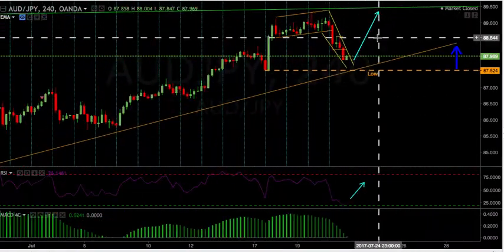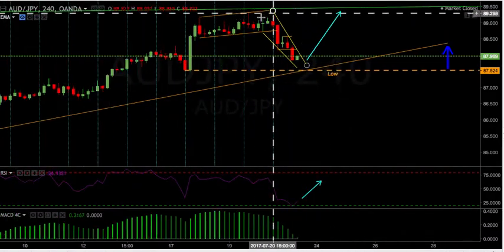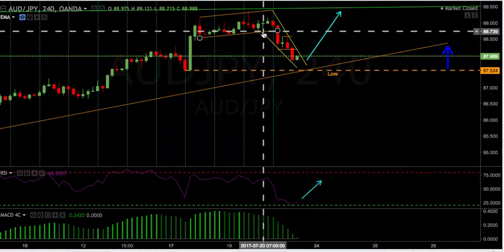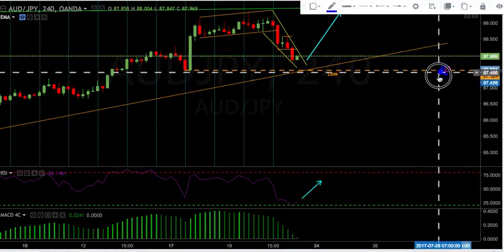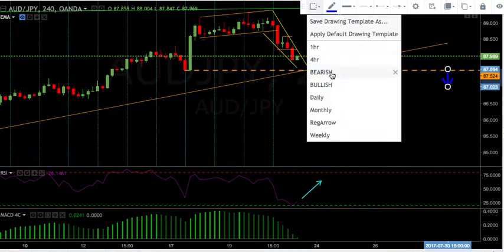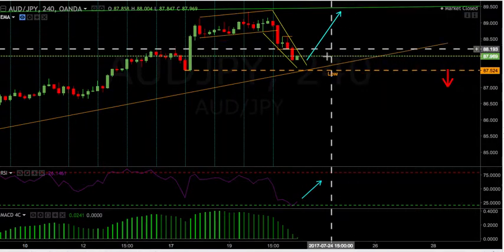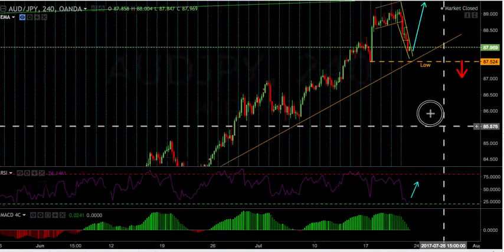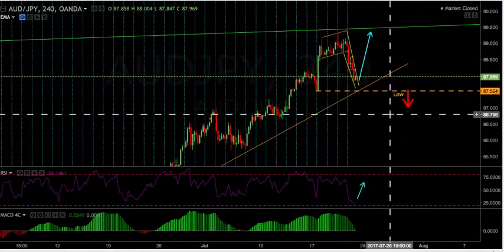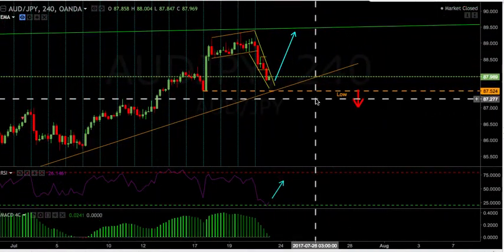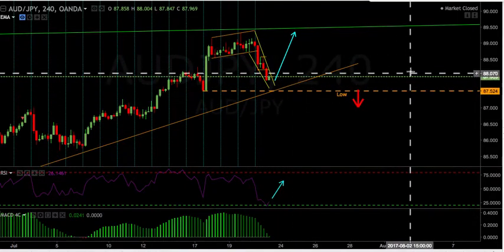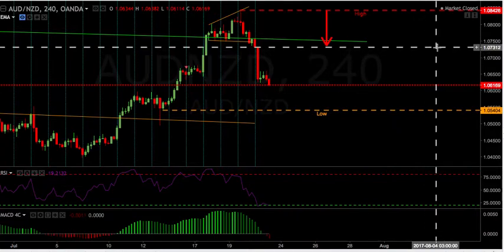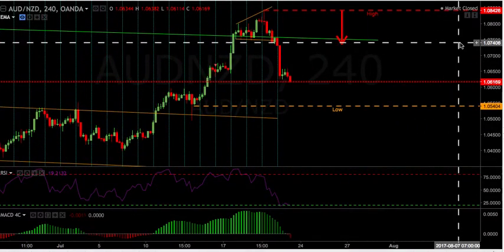But because we have this current area here, and we have had a bounce, I could technically turn this around, but until it breaks this impulse right now and this trend line, I'm still going to stay bullish on the pair. Aussie New Zealand, as you can see, I've already changed this one to bearish.